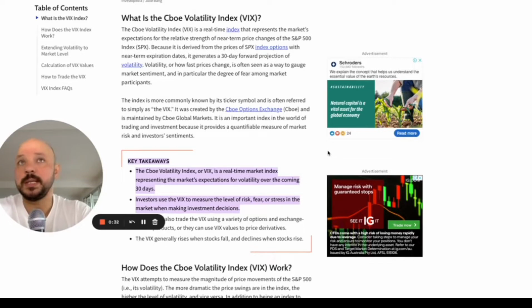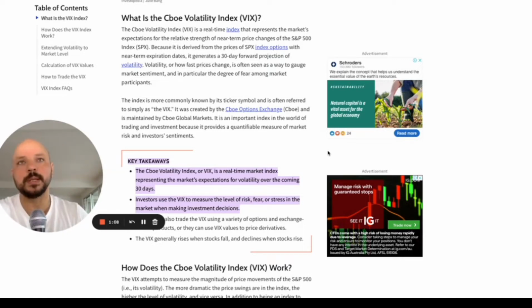As you can see, it is a real-time index that represents the market's expectation for the relative strength of near-term price change on the S&P 500. Because it's derived from the prices of SPX index options with near-term expiration dates, it generates a 30-day forward projection of volatility, which is really what we want to look into in the short term if we were traders, right?